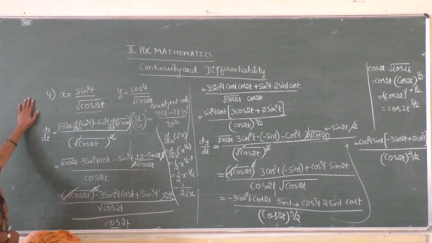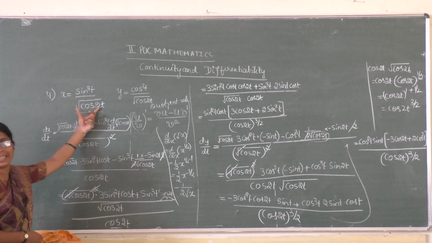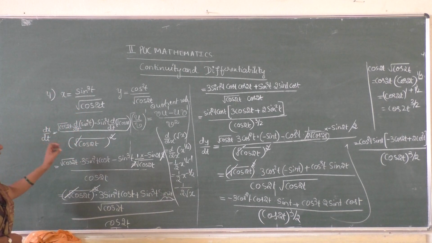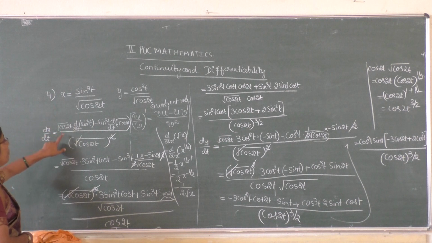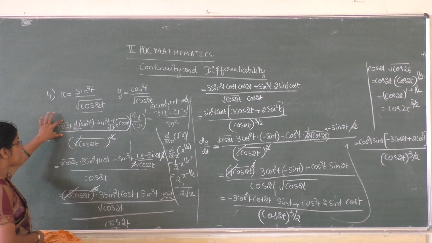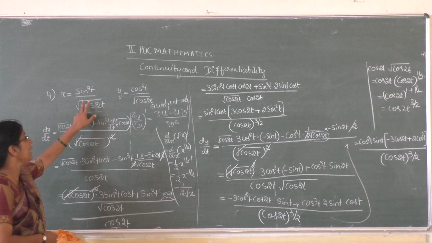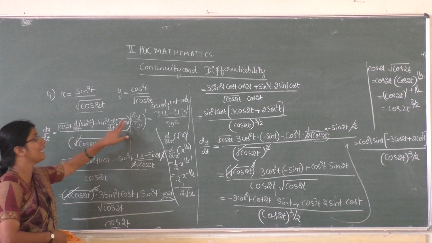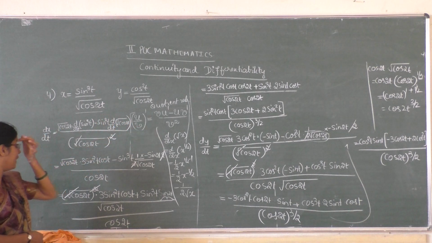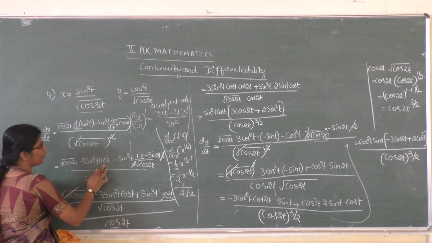So clearly see these steps, okay. First, for dx by dt, we apply the quotient rule. So in the denominator, denominator square. In the numerator, we first keep the denominator as it is and we find the derivative of the numerator, minus numerator into derivative of the denominator. So sin cube t, that is 3 sin square t into cos t.